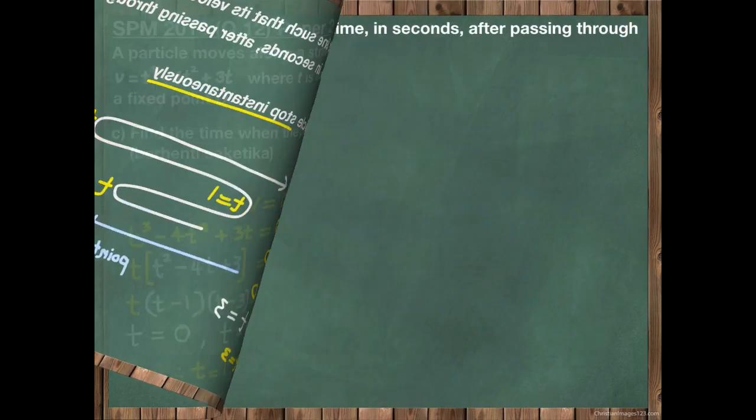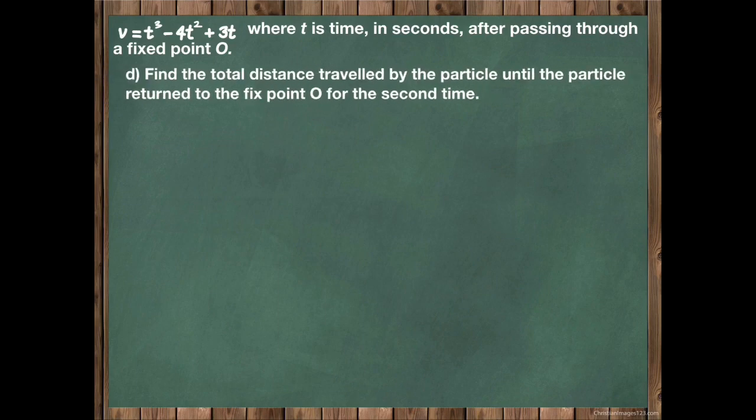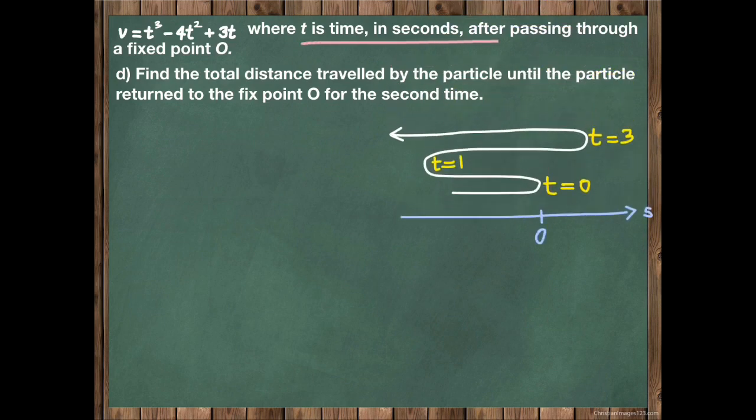Okay, for the last question, question (d) asks you to find the total distance traveled by the particle until the particle returns to the fixed point O for the second time. Okay, in this case, time in seconds after passing through a fixed point O means the particle starts here.